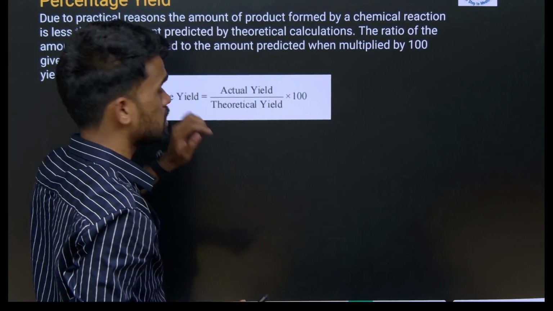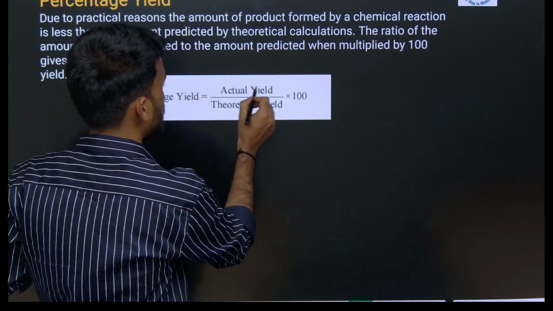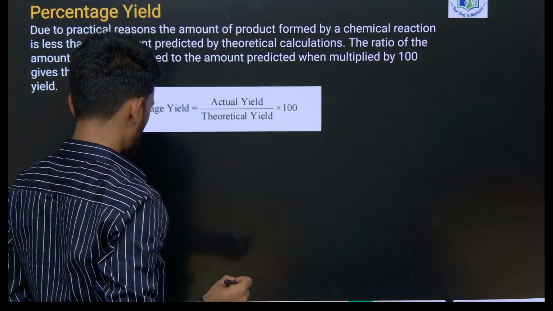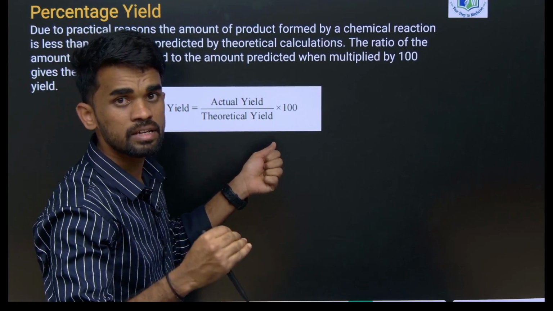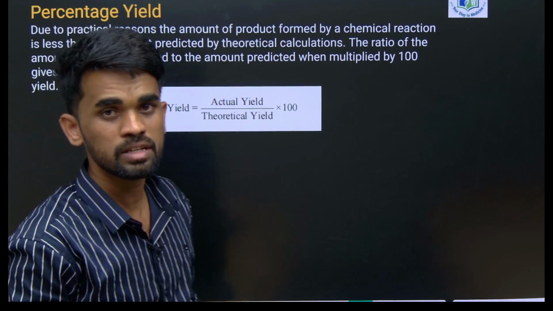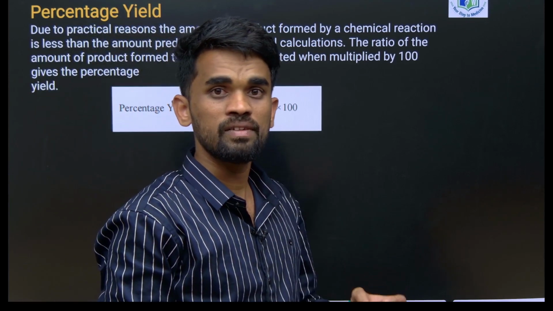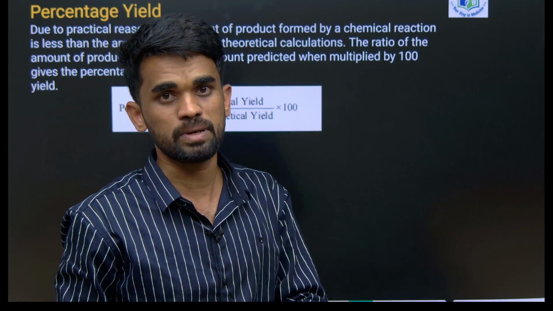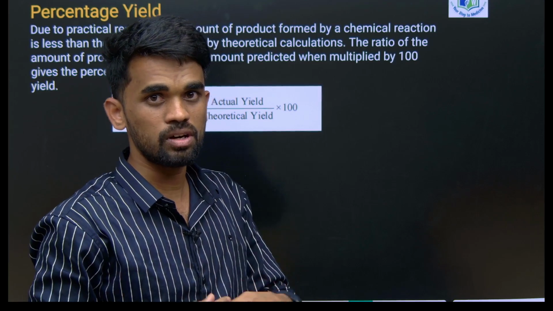So the actual or experimental yield will always be lesser than the theoretical yield. Okay, so in our daily life also we know that reality will always be lesser than what we expect, right? This is how life goes on, right?